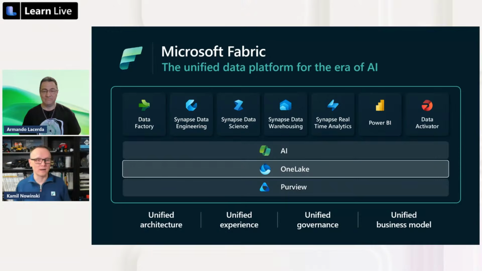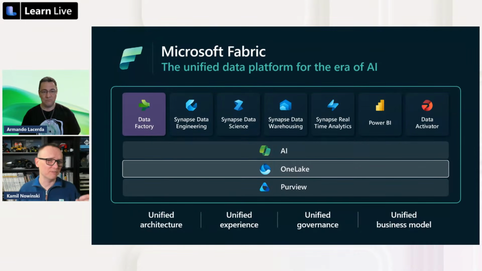Yeah, so as you can see on the slide, we have OneLake, which is the unified storage as well. You can use Copilot's AI with this product, but what we will focus on today will be Data Factory. Data Factory is one of, and probably the first, experience in Microsoft Fabric where you can build something. You can build pipelines, for example. Yeah, there's more.